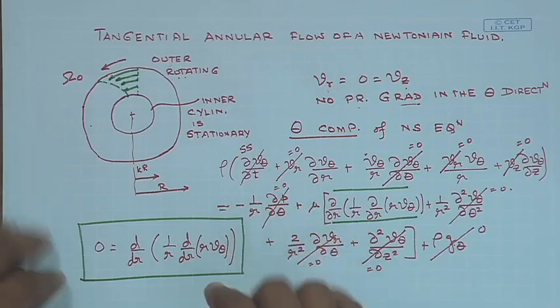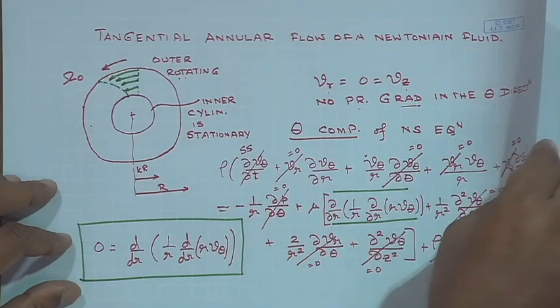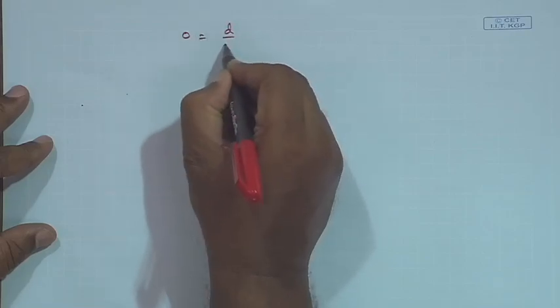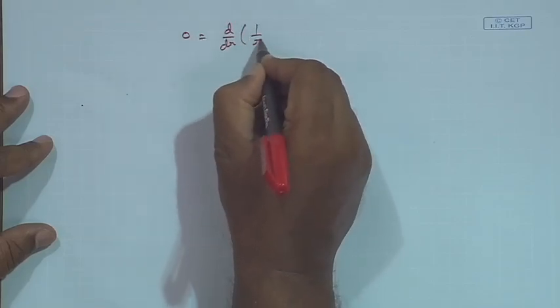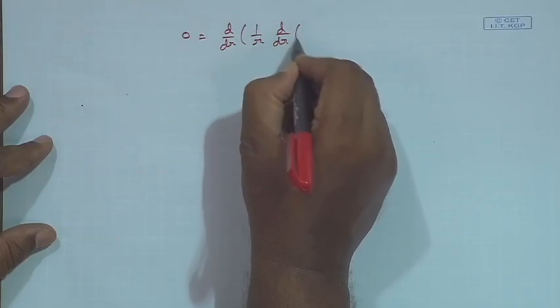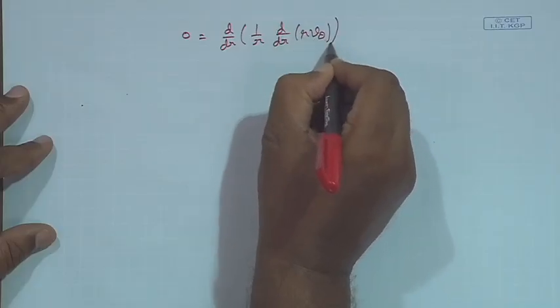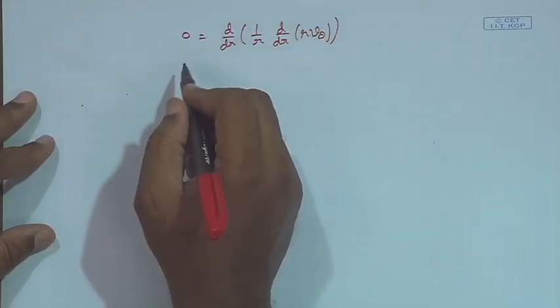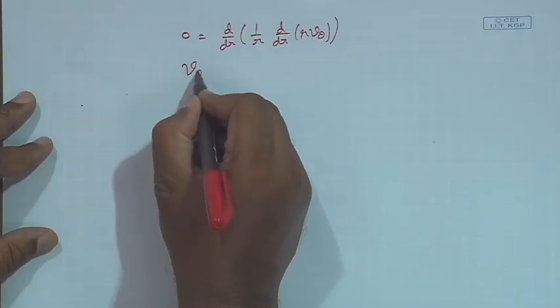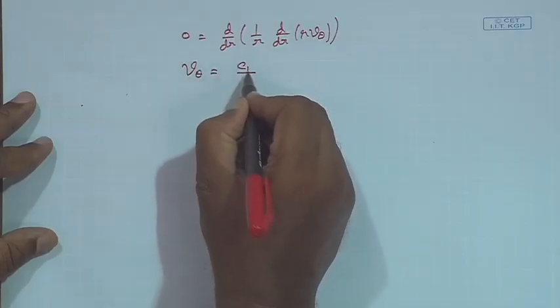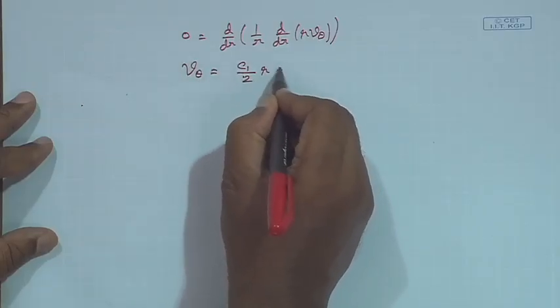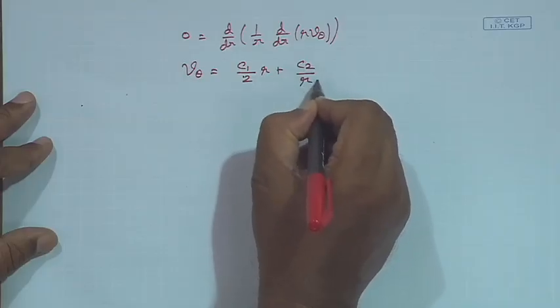So, with this equation, we are now going to obtain the velocity expression. We started with the expression 0 = d/dr of (1/r d/dr of (r v_theta)), which upon integration gives v_theta = c1 r/2 + c2/r.